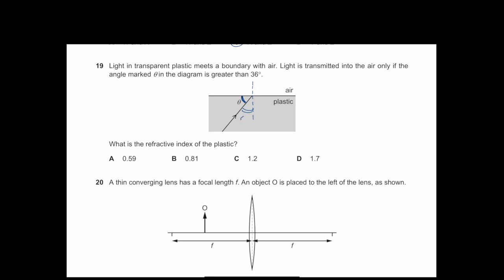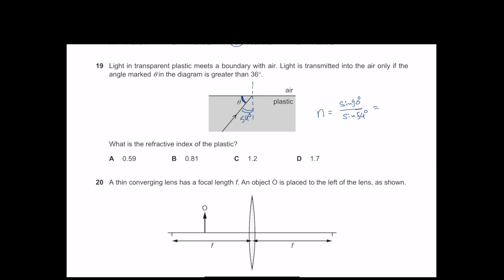So the angle here is 54 degrees, right? And I'm going to consider 54 degrees as the incident angle. And to find the refractive index, I'm going to say n, the refractive index, equals sine 90 degrees divided by sine 54 degrees.